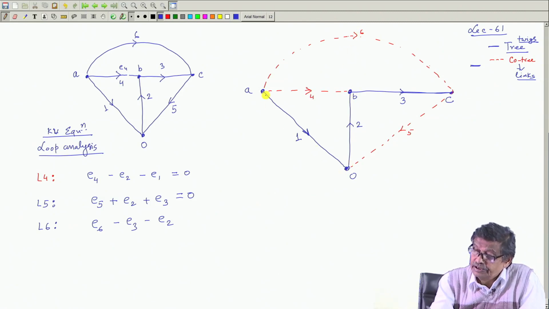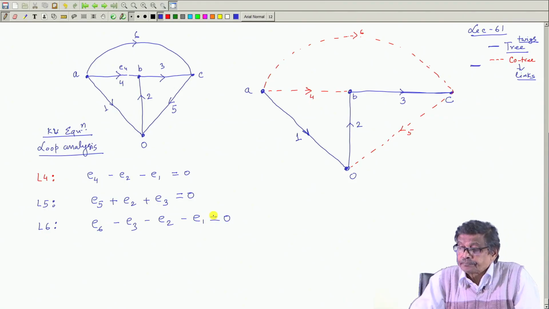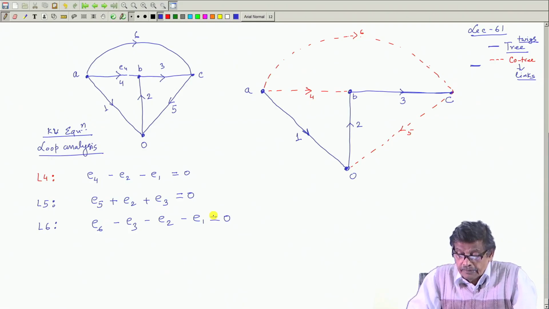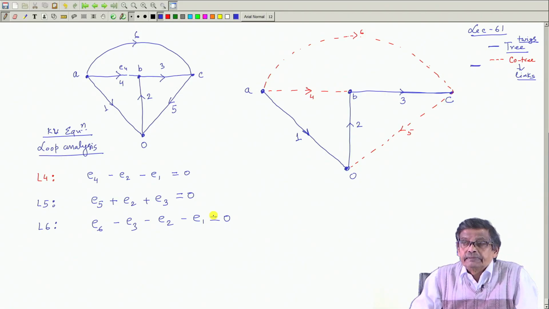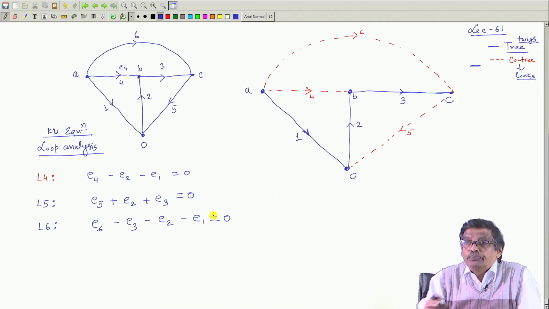Then from this to this minus E1, and this must be equal to 0. So, this is the KVL equation in 3 well defined loops.